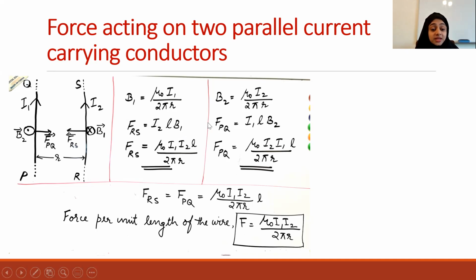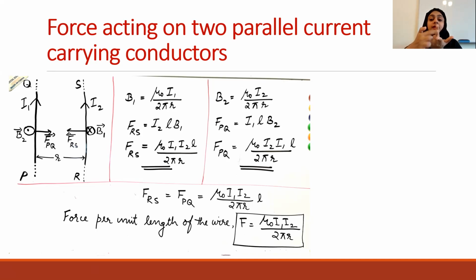And there is a sine theta here. But we know that current I2 and B1 are perpendicular to each other. I2 is pointing upwards, right? And the magnetic field is perpendicular to the paper. So what is the angle between the length of the wire and the magnetic field?